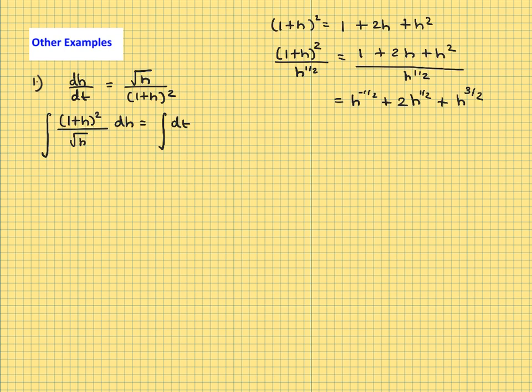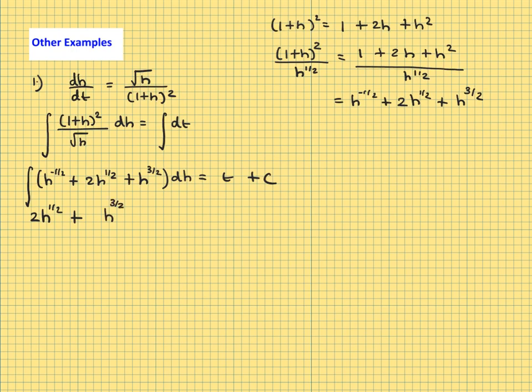This means that the integral on the left-hand side simply becomes the integral of these three terms, and it's actually a surprisingly easy question. The right-hand side simply integrates to t plus a constant. So what does this give us? This gives us h to the power of a half multiplied by a factor of 2, 2h to the power of 3 over 2.